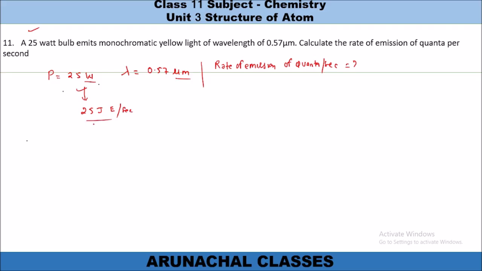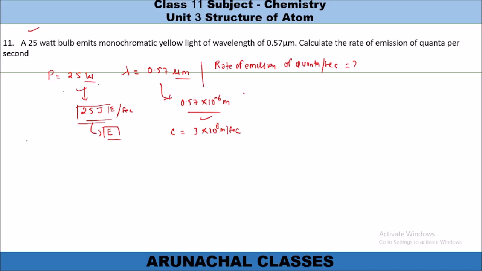So I have to consider that the energy emitted by the bulb will be 25 joules, and it is for 1 second, and the wavelength given is 0.57 micrometer. When it is multiplied with 10 power minus 6, it will be converted into meter. The velocity of light is known, that is 3 into 10 power 8 meter per second.